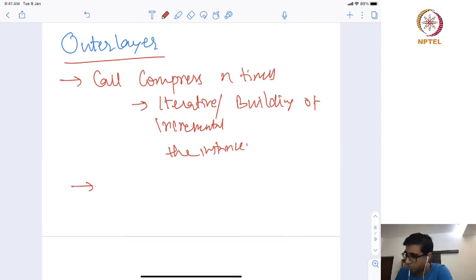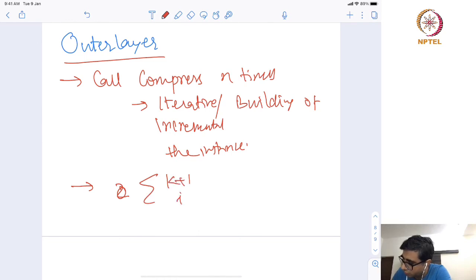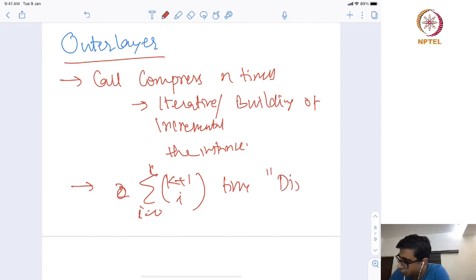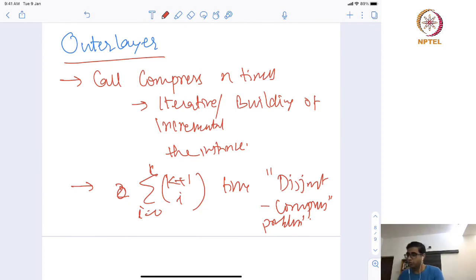Now to solve each compress call, roughly the summation of k plus 1 choose i, i going from 0 to k, times a disjoint compress problem. So this is how we got it.